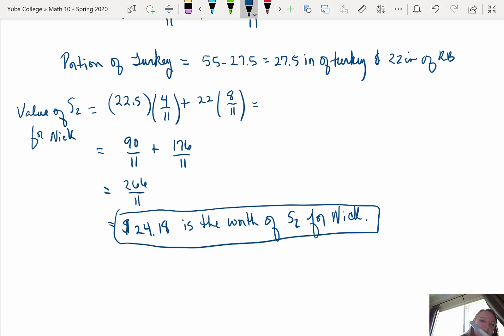So this really should have been 27.5. 27.5 times 4 gives us 110. 110 plus 176, that's 286. And 286 divided by 11 should get us, yeah, $26.